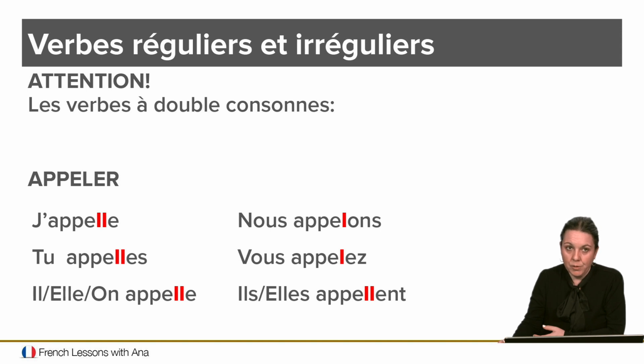It goes back to its original form, remember, of one L. So nous appelons, vous appelez. And then ils and elles, plural, we need to open the e again, and it becomes double L. So, ils appellent, remember the liaison? Elles appellent. That's your double L again to open that, right?